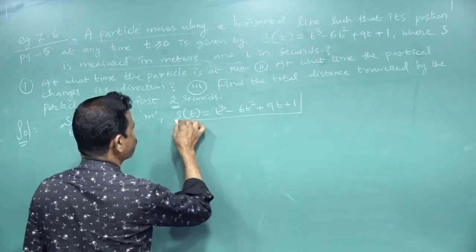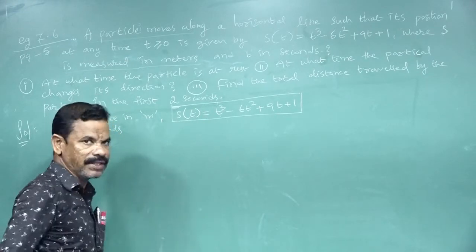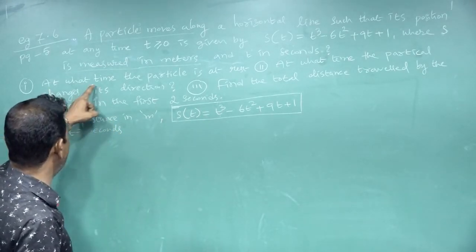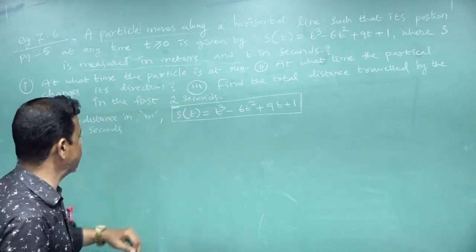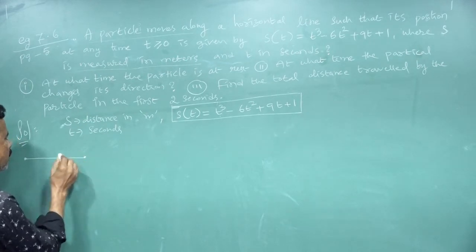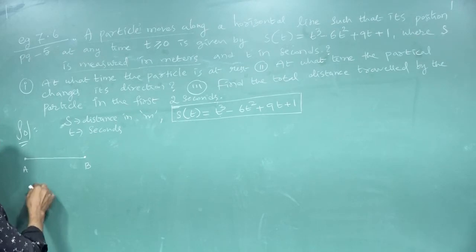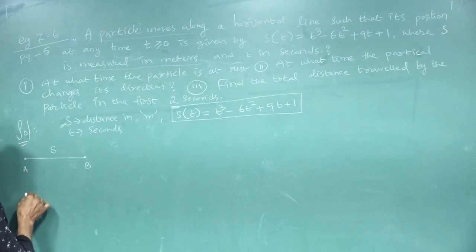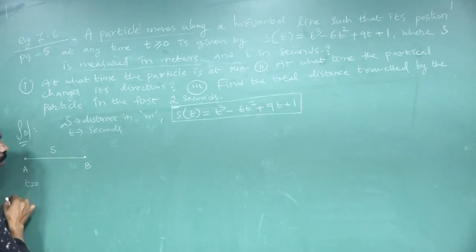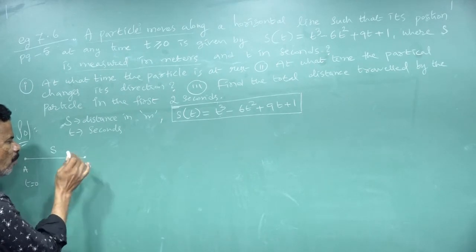This is the given function. Distance time function. After that, he is asking at what time the particle is at rest. The particle goes from here to here, some place A to B. So this is the distance S. So initial velocity at t is equal to 0, S is 0. After that, it will stop, that velocity is 0, another point will become.